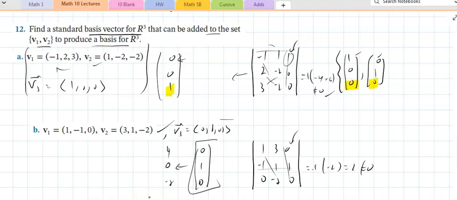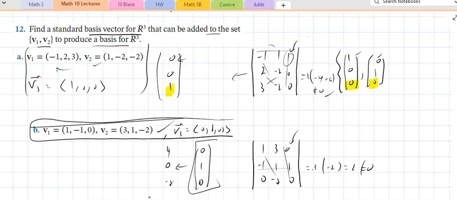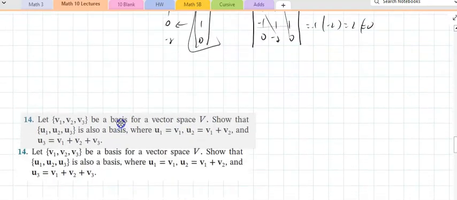There are more choices than this. Kind of like when we said back in the days, find a vector that's orthogonal to another. Well, any combination whose dot product gives a 0 will work.